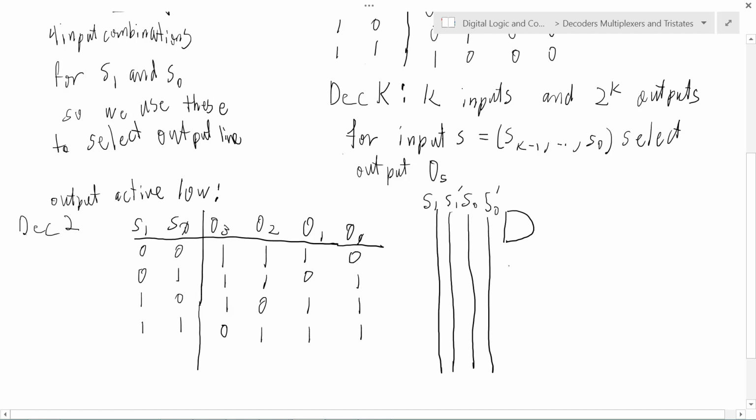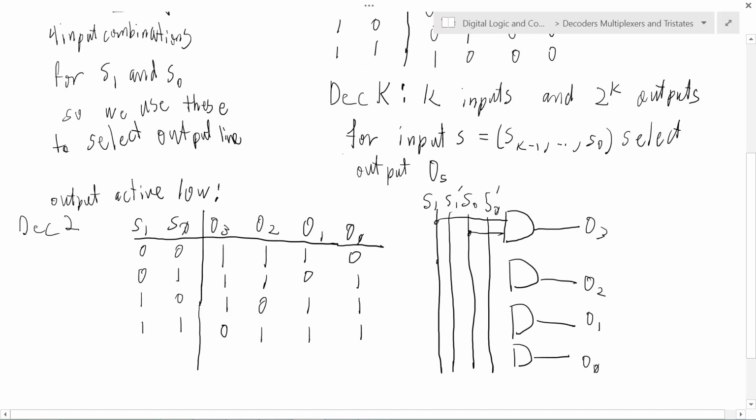And we are going to have 4 possible outputs. So let's set this to O3, O2, this to O1, and this to O0. Now, for O3, this is S1 and S0, 1, 1.